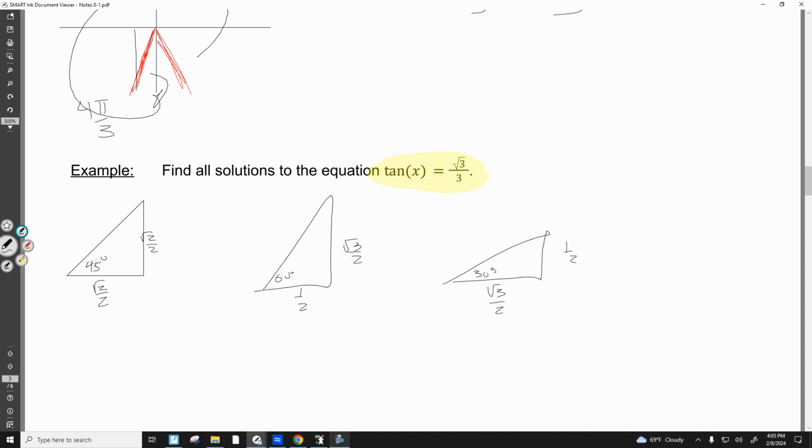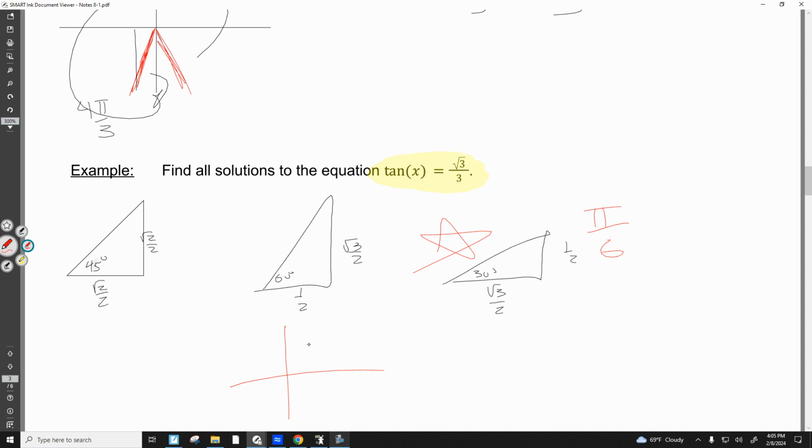Meanwhile, over here, 1/2 divided by root 3 over 2 is 1/2 times 2 over root 3, which is 1 over root 3, which then simplifies to root 3 over 3. Ding, ding, ding, ding, ding. You have your winner. How'd you figure it out? You just figured it out. You started with your triangles. You used the Torah. Okay? Now, that's your pi over 6, but in the correct quadrant.